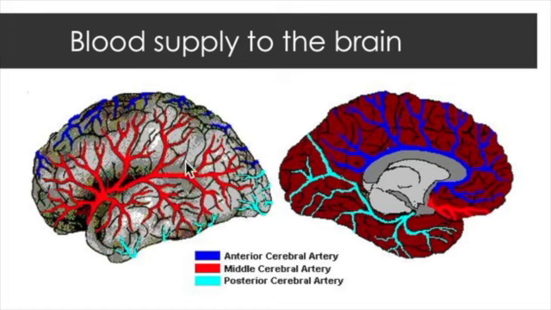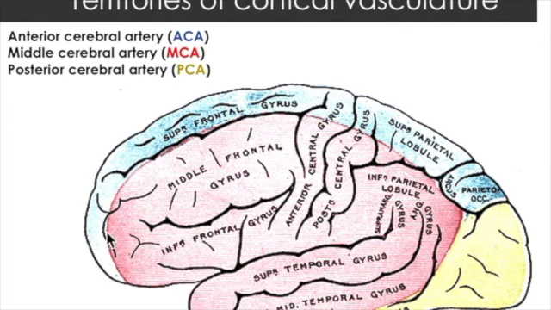What's quite interesting is you can appreciate how different parts of the brain are supplied by different arteries. What's also of clinical importance here is that you can start to see territories that tend to be supplied by the different arteries, and the boundaries between those territories.